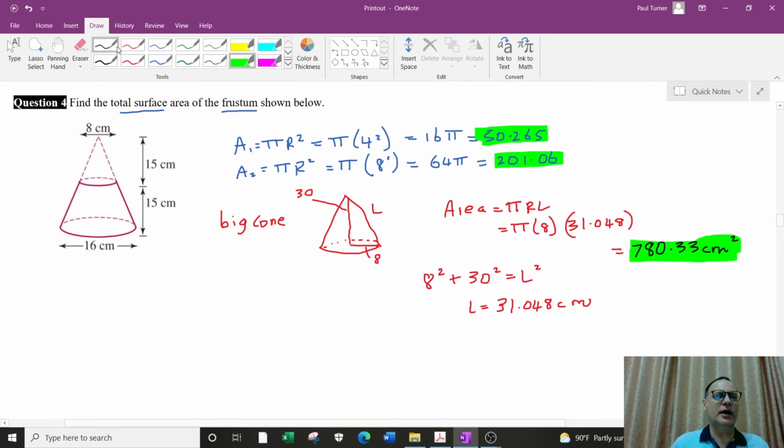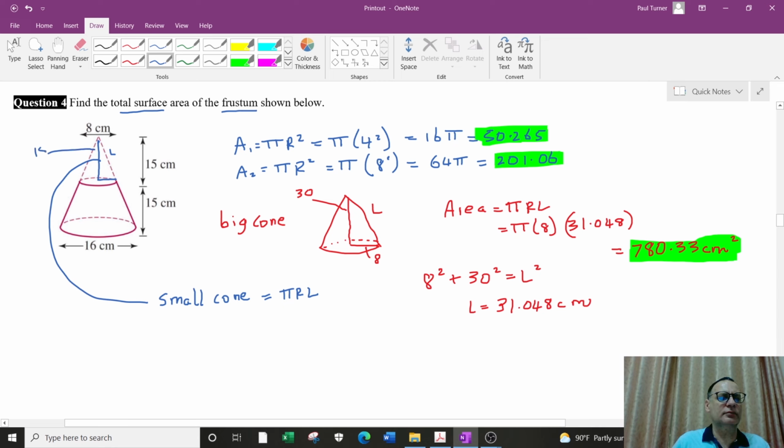But now you need to find the area of this small cone here, the one that is removed. And that is also pi RL. So if we draw this in, this is the L, 15 is the height, and the radius here is 4, half of 8.